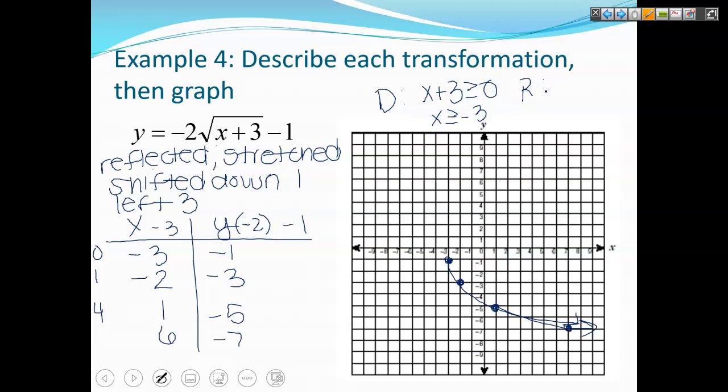Your range in this case gets flipped. So y's are usually greater than. The negative changes the inequality to less than, and then it's still your k.